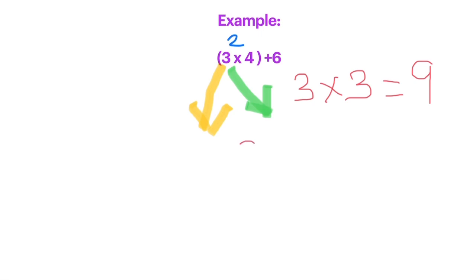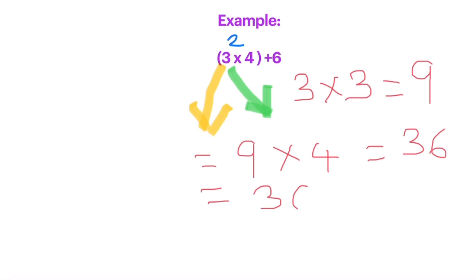So 9 times 4 equals 36. Now the third step is 36 plus 6 equals 42. So the final answer is 42.